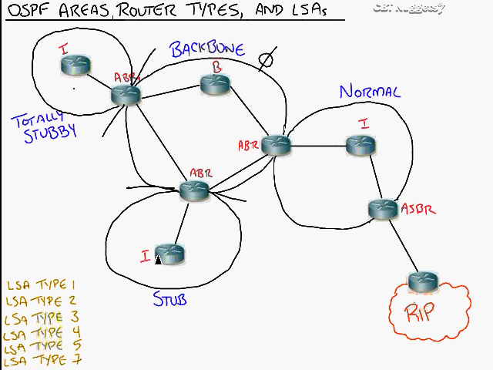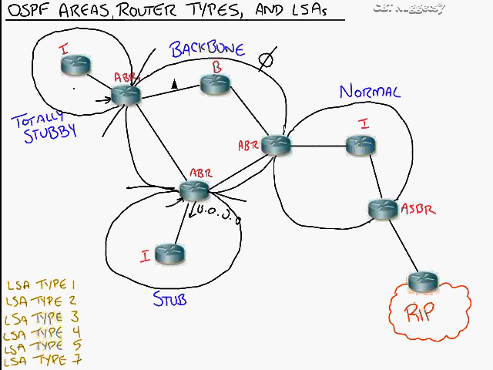Is it able to reach them? Well, yes, it is. Because whatever router is at the boundary of that stub or totally stubby area will generate a default route, a route of all zeros, saying anything that you don't know about, send to me, because this router is connected to the backbone, and so is this one. And they'll have the information that is able to reach outside of it.